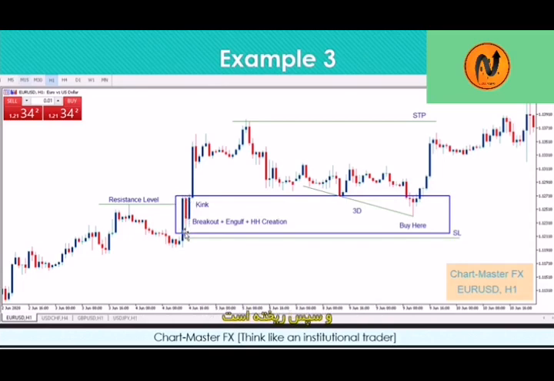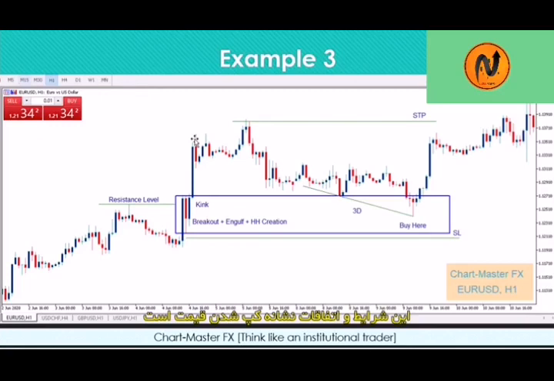Once it dropped down, guys, we see that the price came back with a heavy momentum, creating a rally-based rally. So this resistance level was formed from a rally-based drop, and the price was able to break the resistance line, and it came again to engulf that resistance level, and the price was able to break this high, managing to create a higher high there.